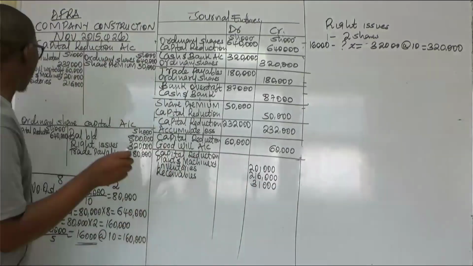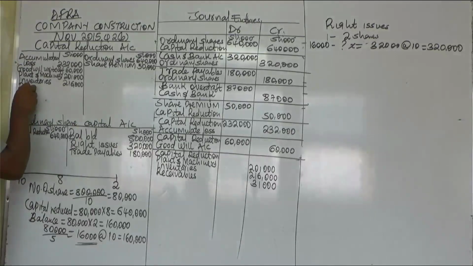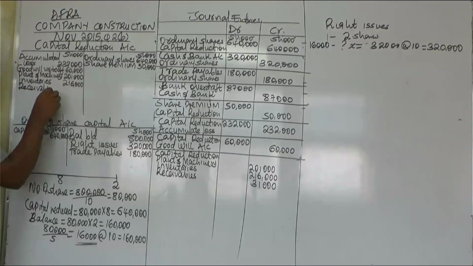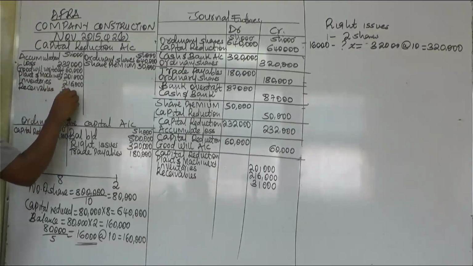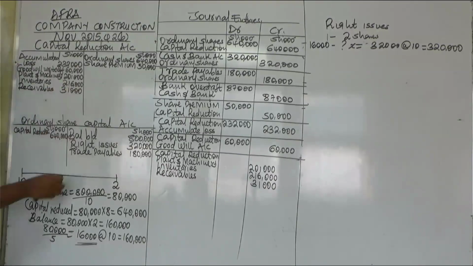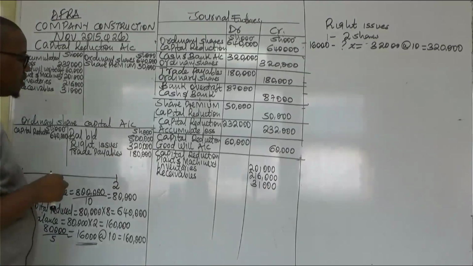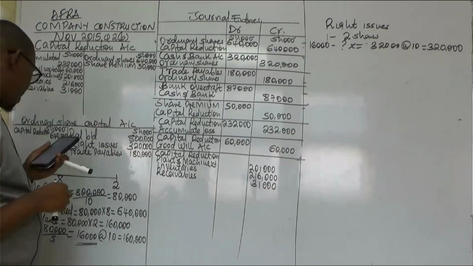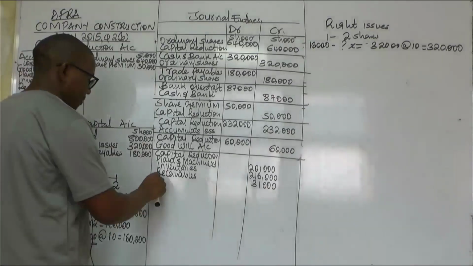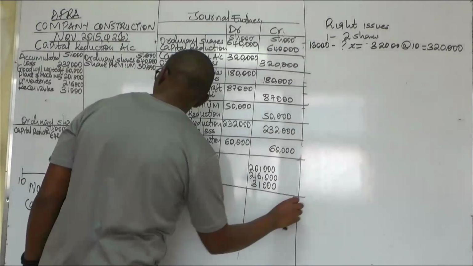Here we'll also have the receivables. 31,000. The receivables. So get the total here.